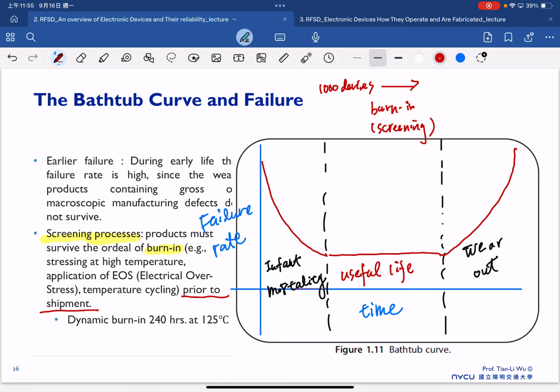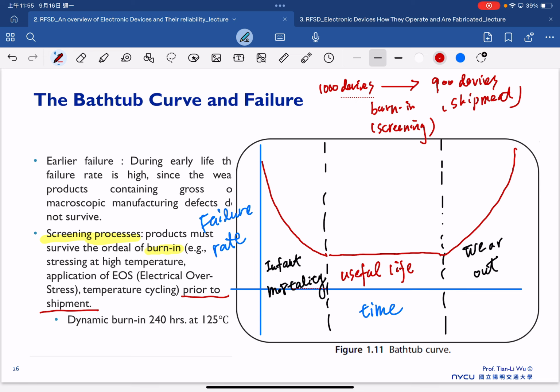Once we do the burn-in or screening test, we probably find out that 900 devices can survive until the useful lifetime. So we will only sell those 900 devices to our customer. We will not sell all of them.